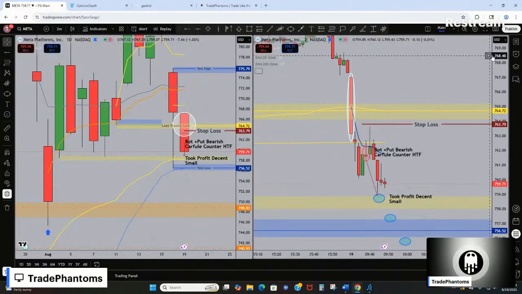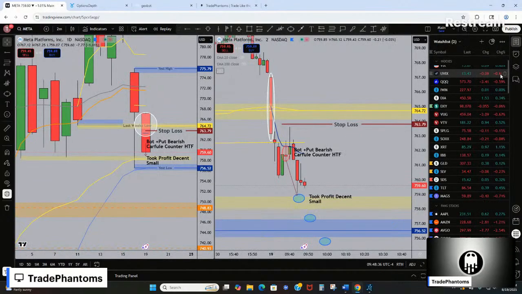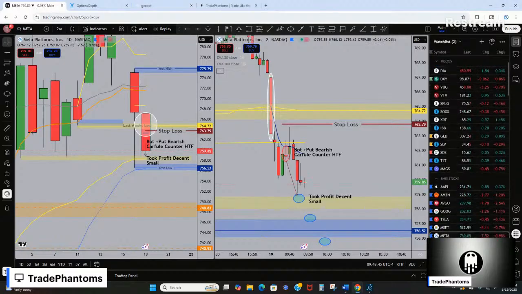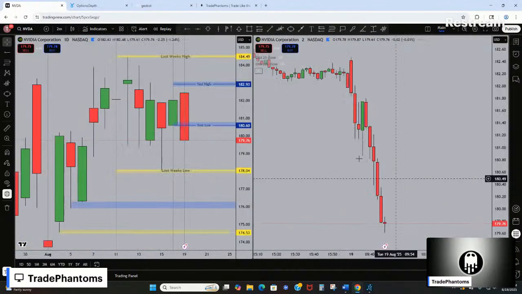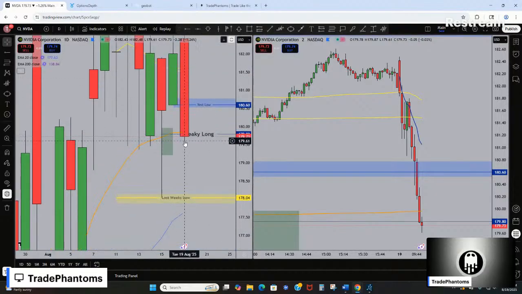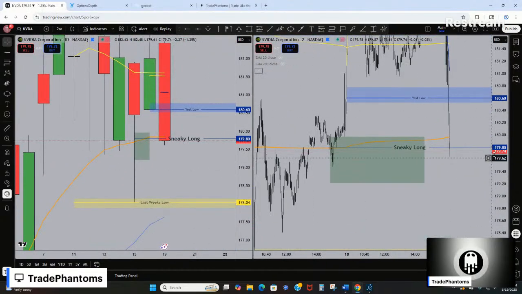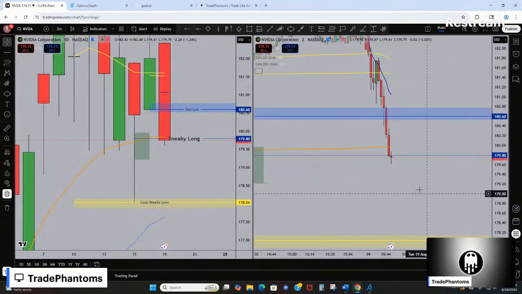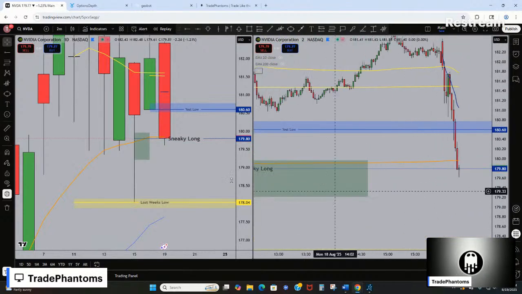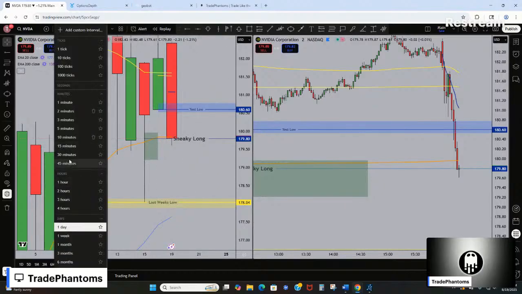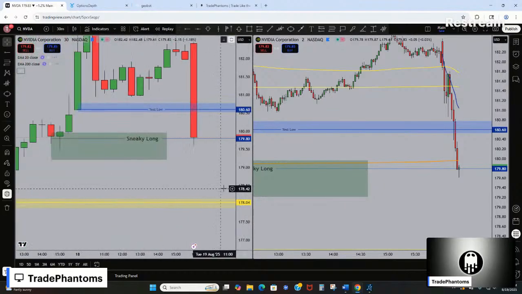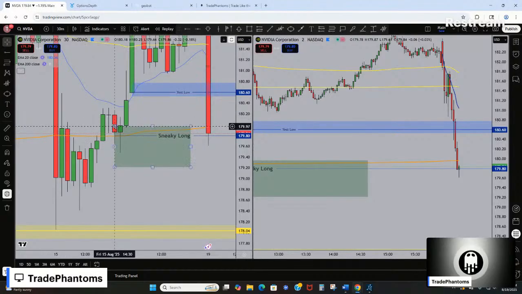All right, let's see. NVIDIA, is NVIDIA coming to that? NVIDIA is at that level down in here. It's not a daily low sweep, but it's at a level of demand.